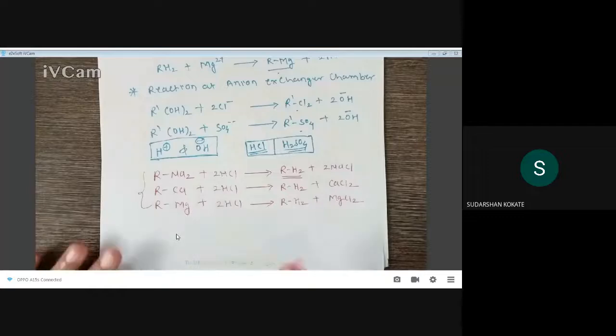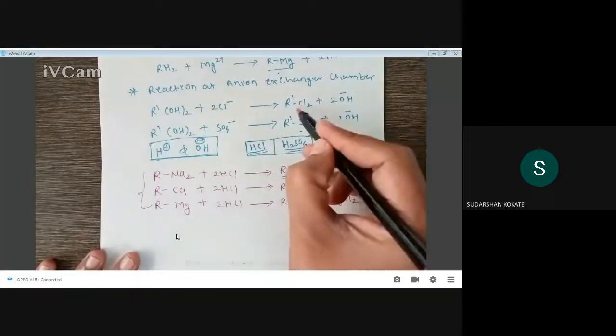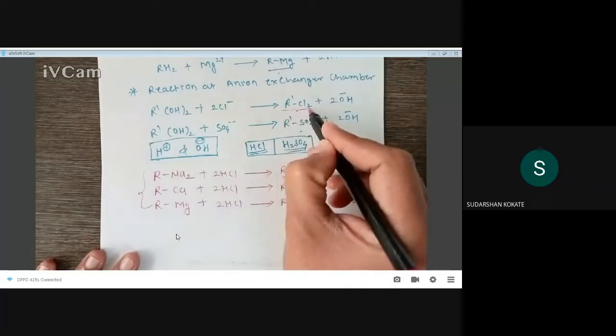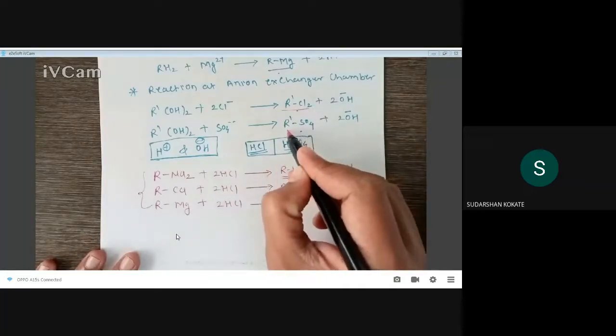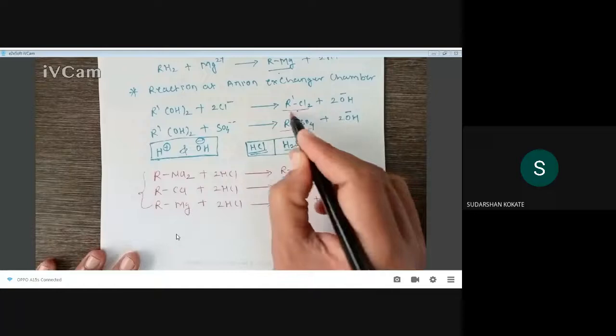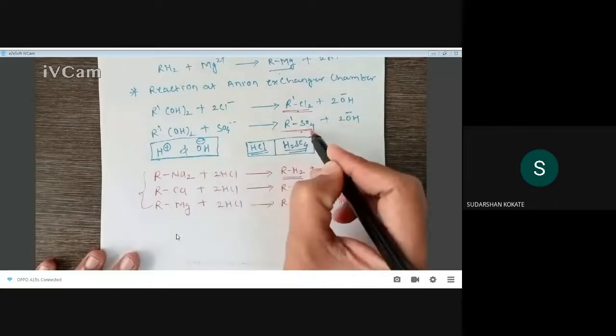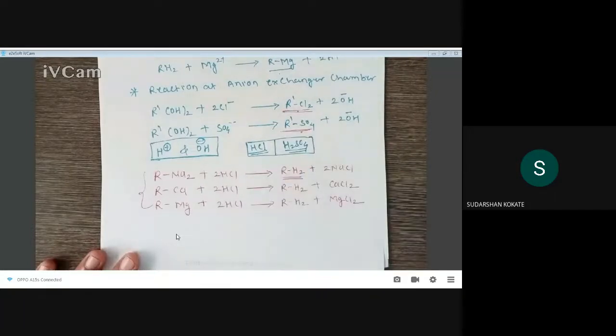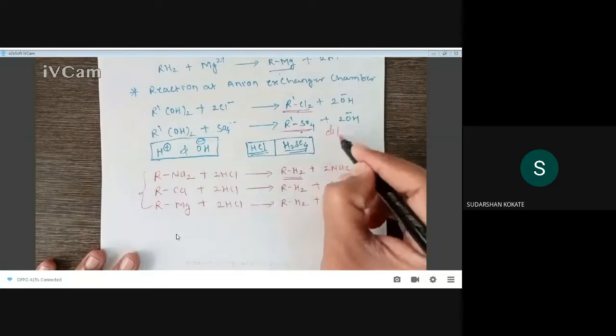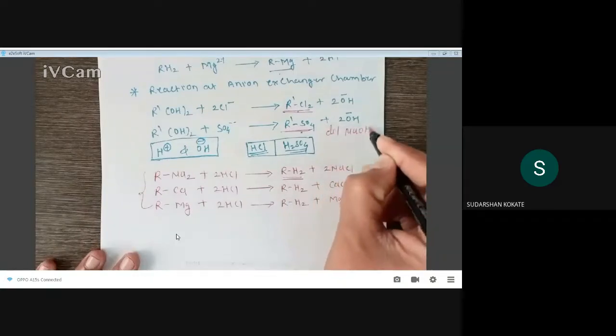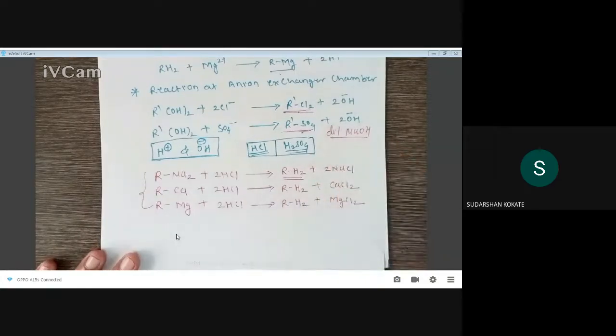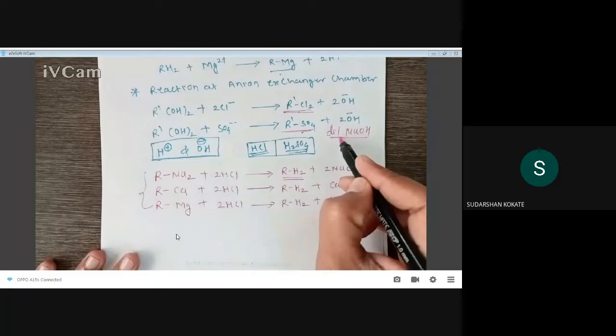Now, in the anion exchanger resin, R-Cl2 and R-SO4 are the exhausted species formed. So dilute NaOH, sodium hydroxide, is slowly passed through the anion exchanger chamber and your resin can be regenerated.